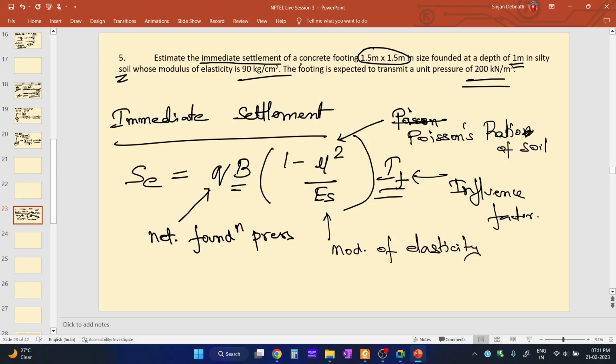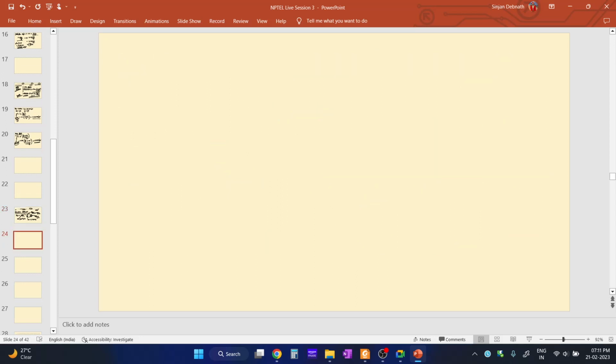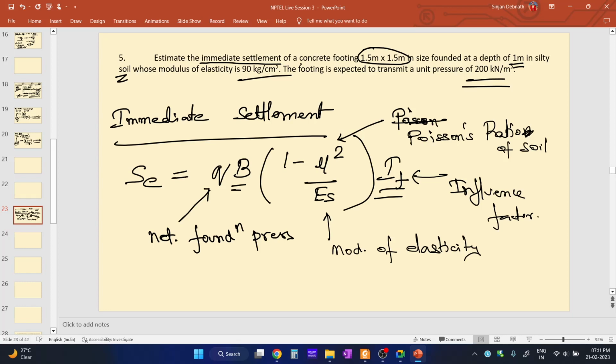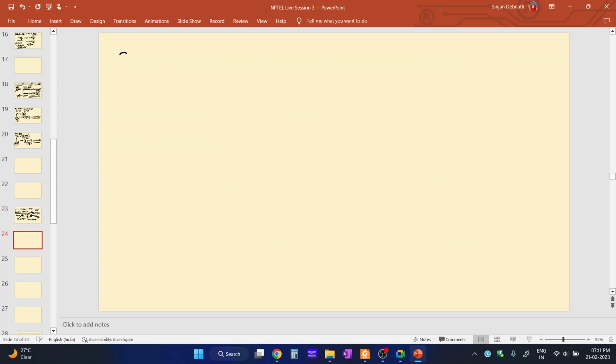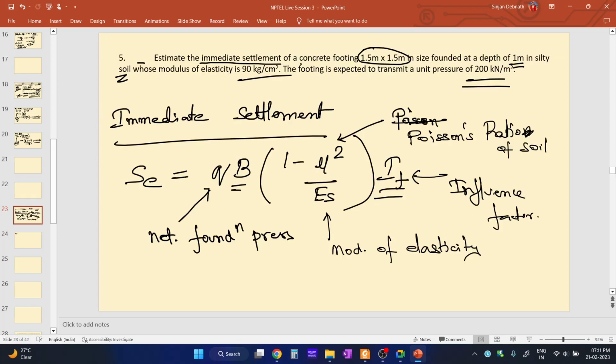So let me write down all the parameters. So Q is the net foundation pressure.